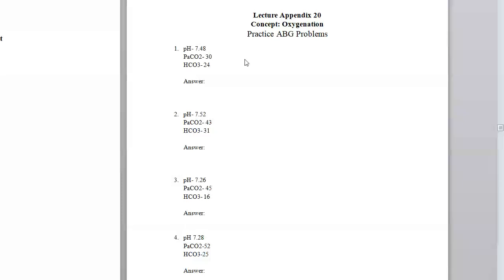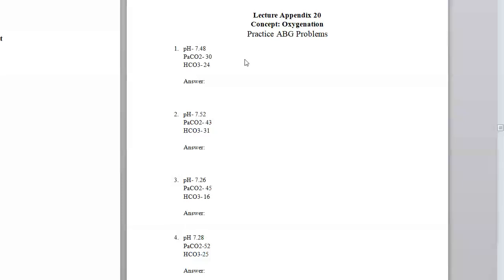Let's look at the PaCO2, which is basically looking at our respiratory function and the acid. The result here is 30. Anything below 35, going to the left on the scale, would be more alkalotic, and anything above 45 is getting more acidic.